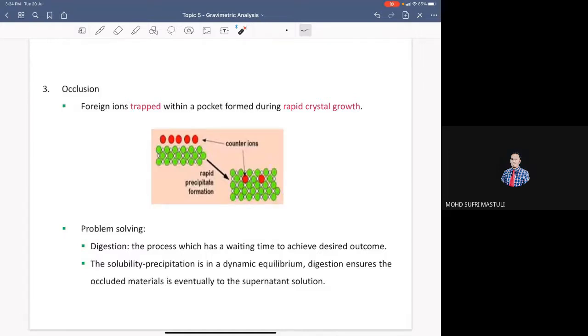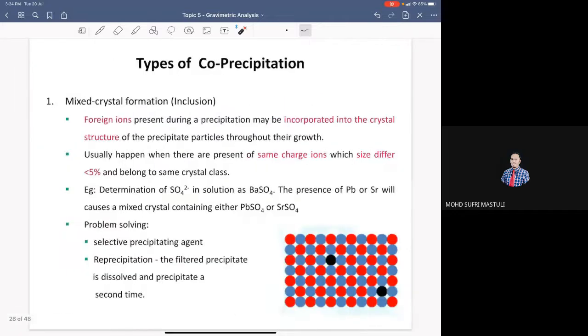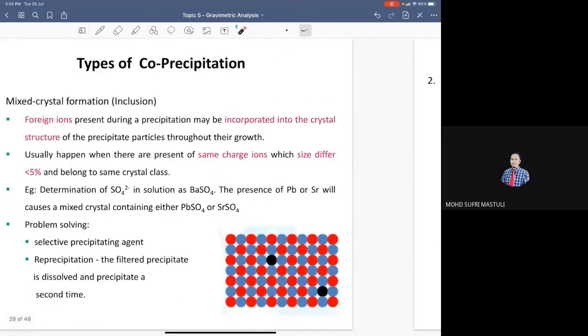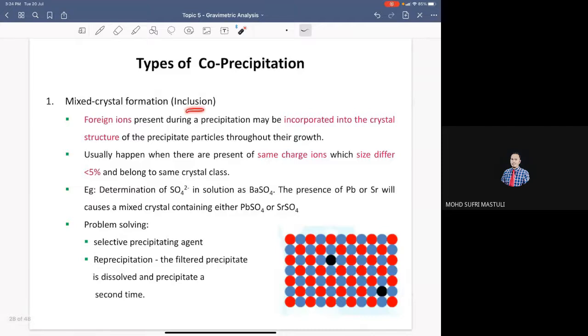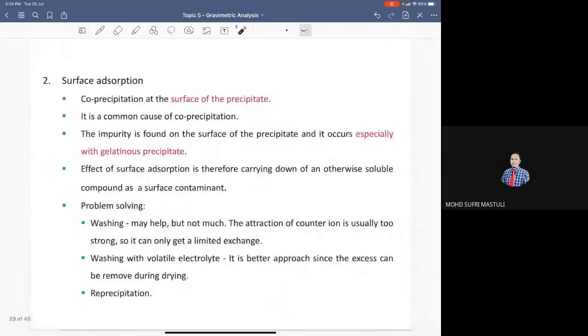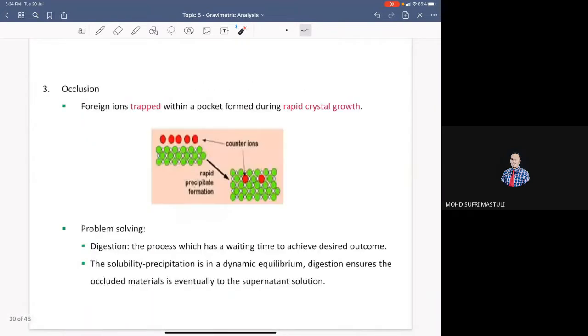Okay, we have mixed crystal formation, inclusion, and also we can have occlusion. Occlusion means that the foreign ion is trapped within pockets formed during rapid crystal growth.